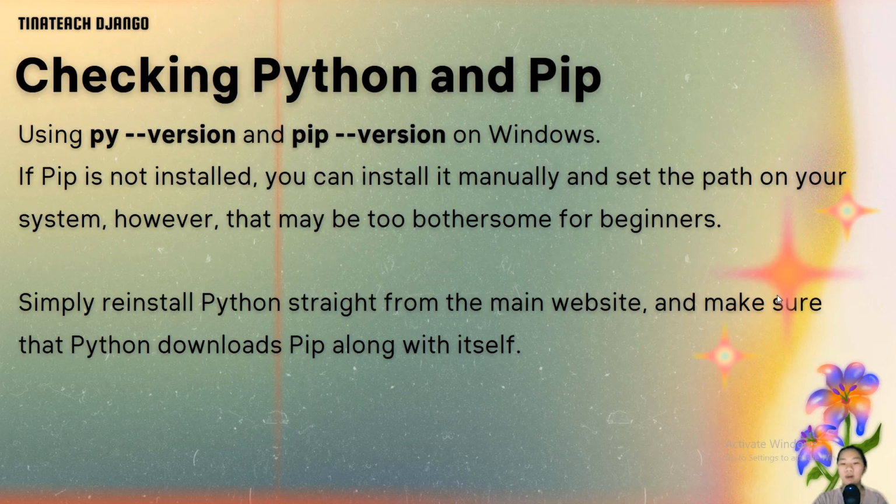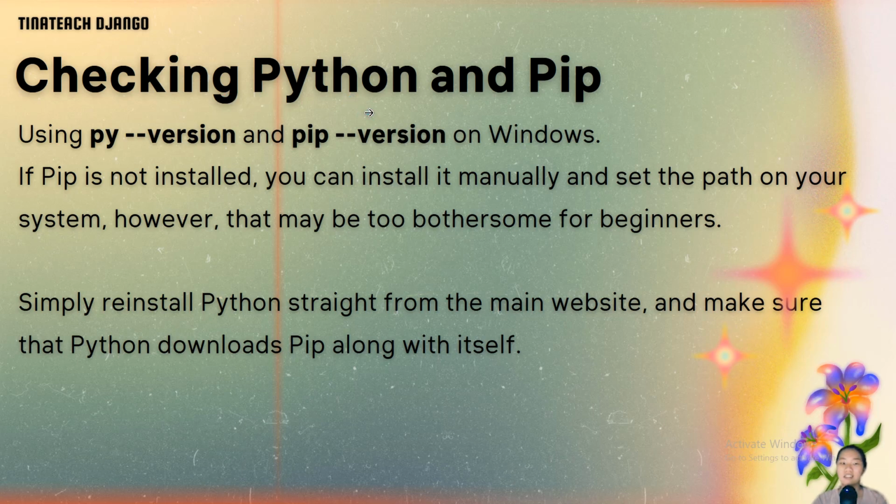We're going to be checking Python and pip. Obviously, I would have a demonstration section for you. This is just to clear up any confusion that you may have during my demonstration, so you don't have to rewatch the video constantly. First off, we can check the Python version and the pip version on Windows.